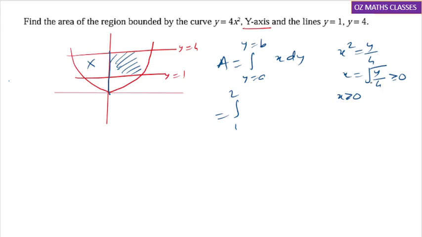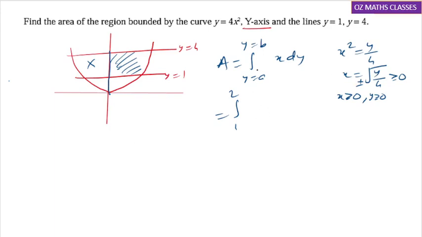For x positive, y must be positive, and for x negative, again y must be positive. So the region will always be in the first quadrant.